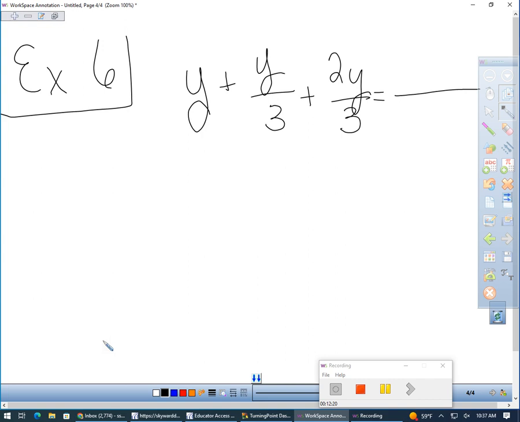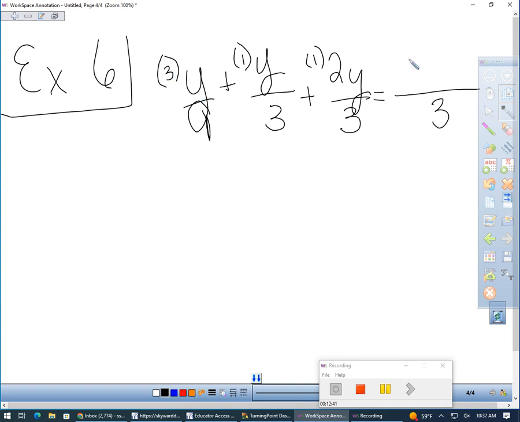What is our common denominator? And what do I have to multiply this first one by to get a 3 on the bottom? This has a 1 on the bottom already. What do I have to multiply by? 3. Okay. What do I have to multiply this one by? 1. And this one? 1, right?